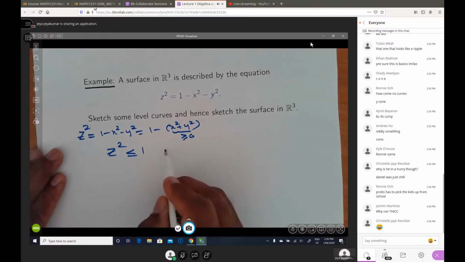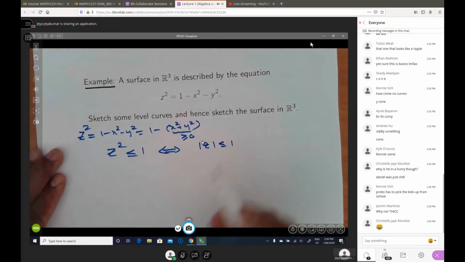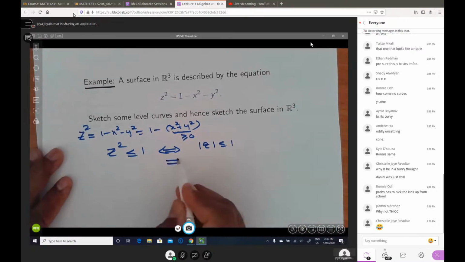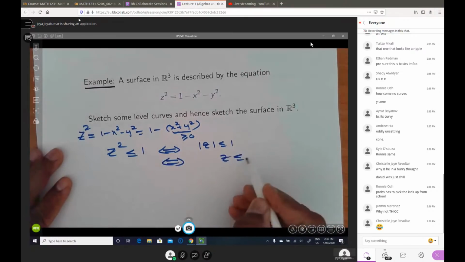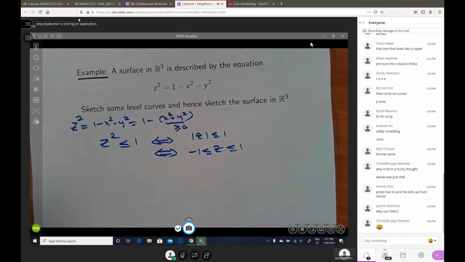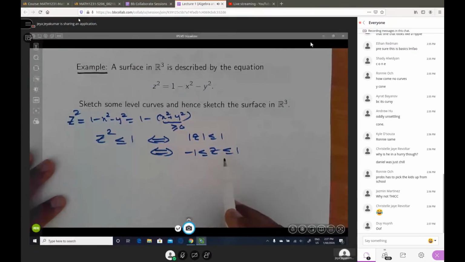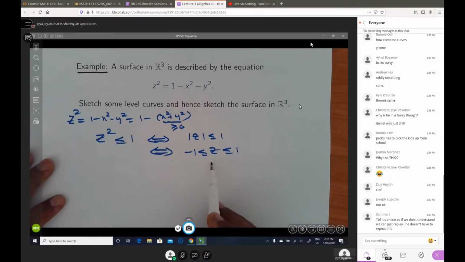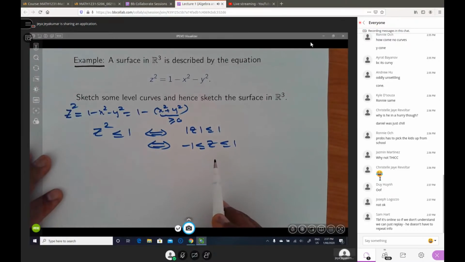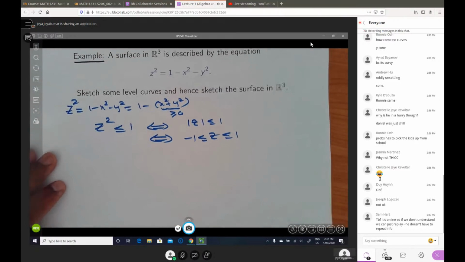If you take a square root, you get absolute value of z is less than or equal to 1, which means z lies between 1 and minus 1. Okay, so what does it tell us? That means the surface lies between the planes z equals 1 and z equals minus 1.